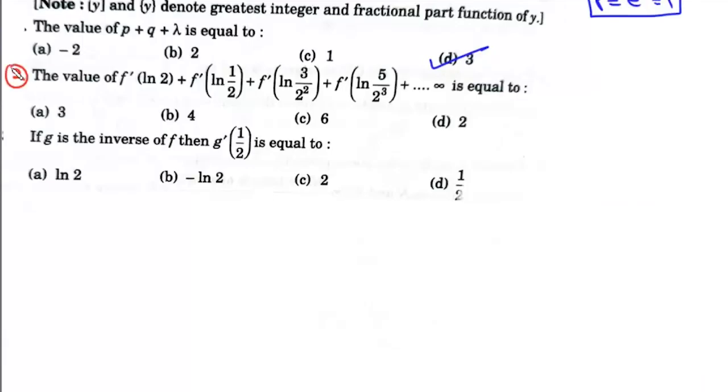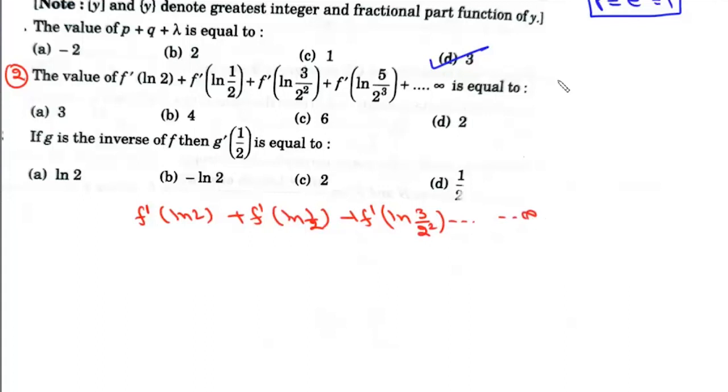Now the second question is to find the value of f dash log 2, f dash log 1 by 2, f dash log 3 upon 2 square, up to infinity. Now we know that f dash x is 1 when x is greater than 0, and it is e to the power x when x is less than 0.